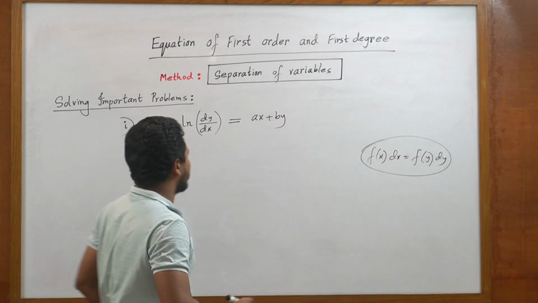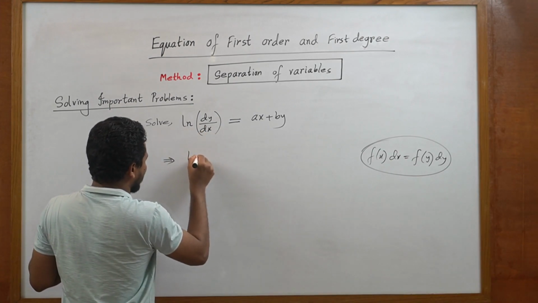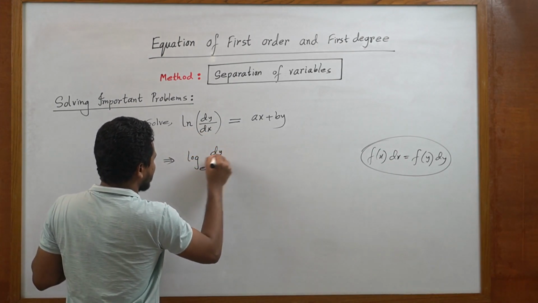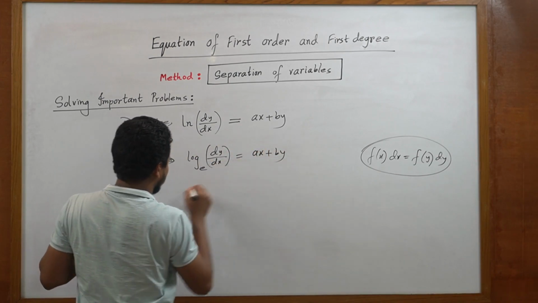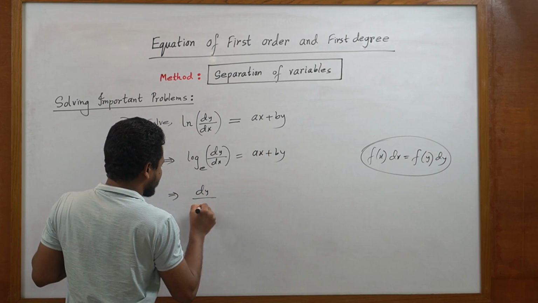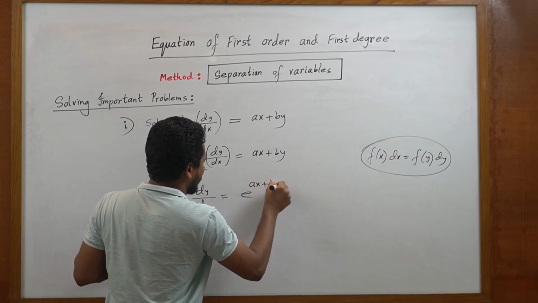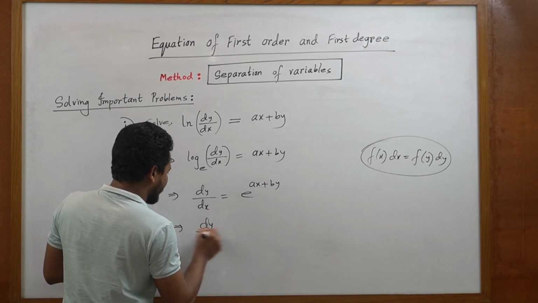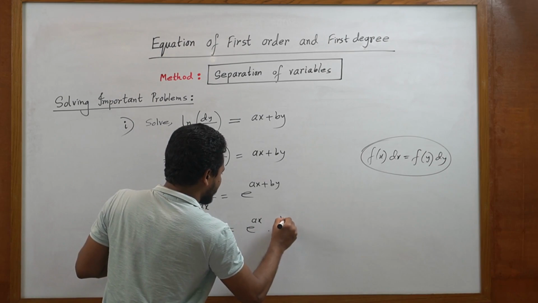Okay, now we will try. ln means log to base e, so dy/dx equals e to the power ax plus by, which is e to the power ax into e to the power by.